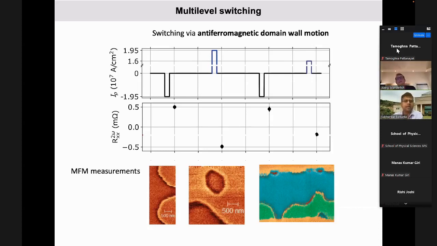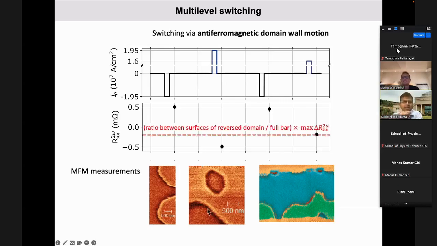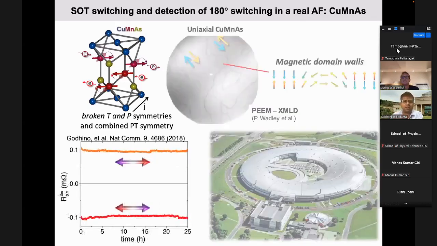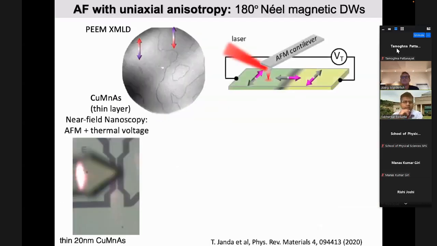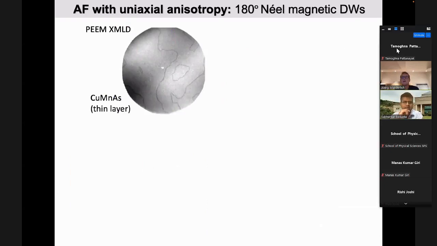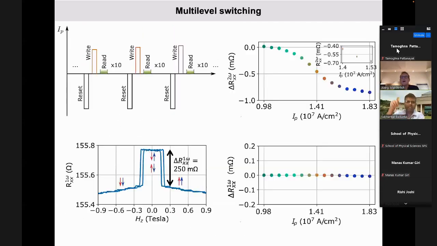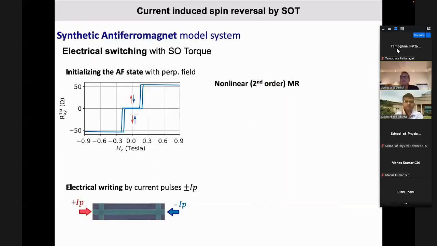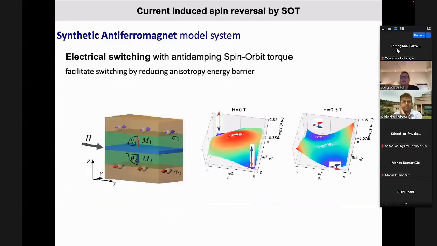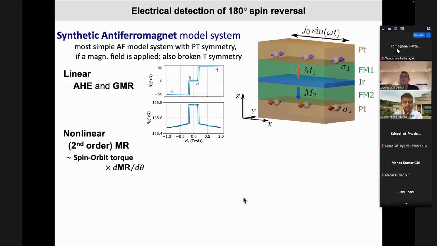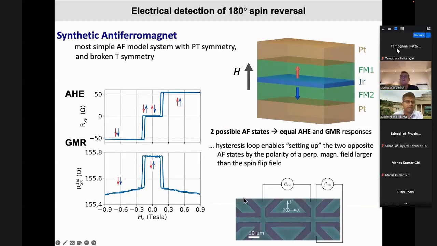I asked that question because in the next slide, when you saw the thermoelectric images, you see these string-like features, not for the copper manganese arsenide, but for the synthetic antiferromagnet. Somewhere you saw this string-like feature. You mean the measurements from before? I think it was towards the end.